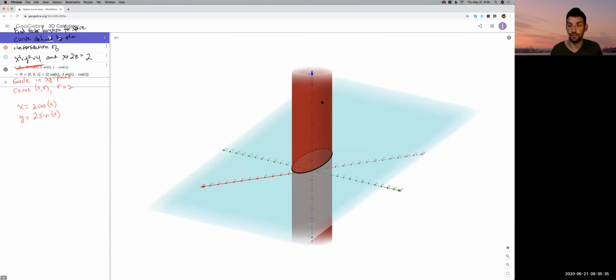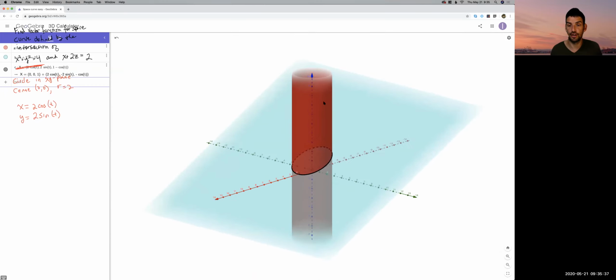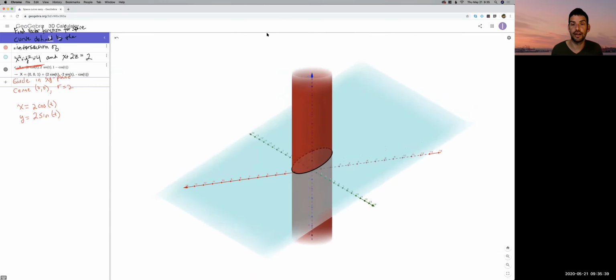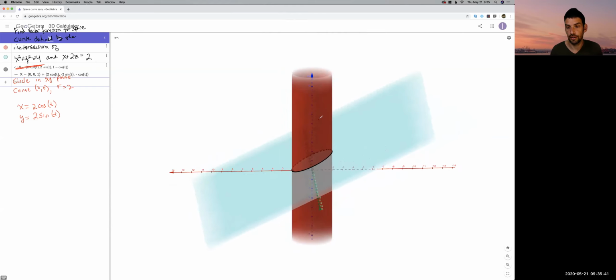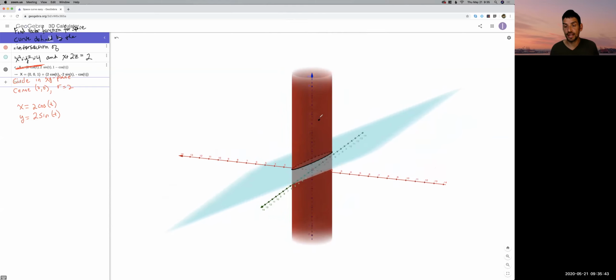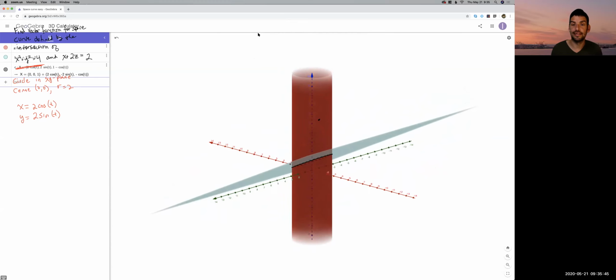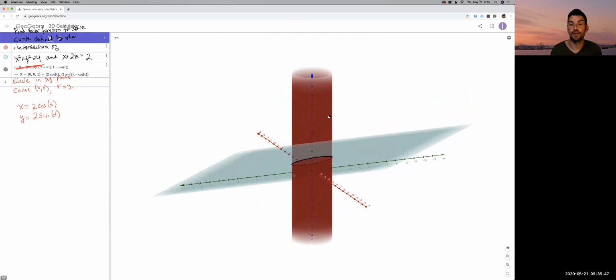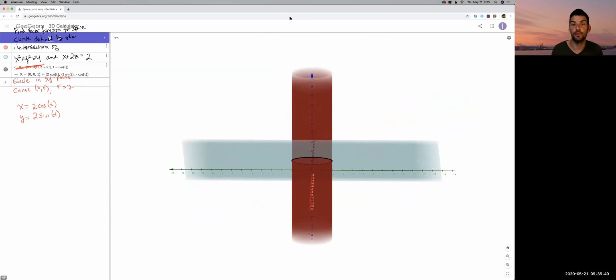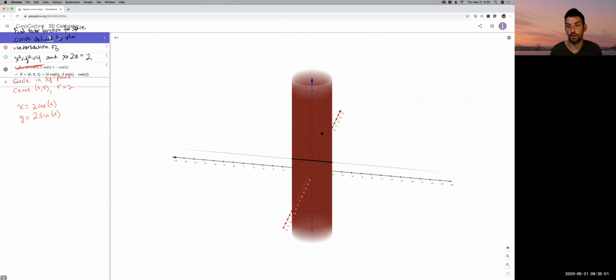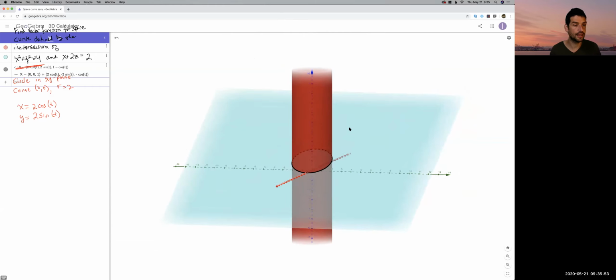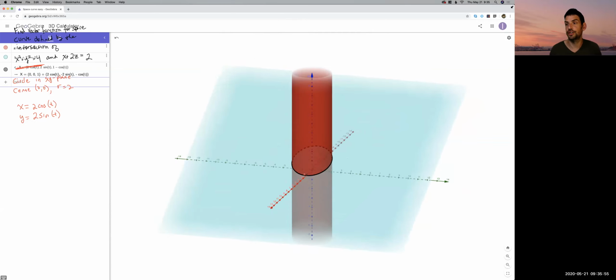So I don't want, for instance, where I'm marking right now, let's make it black, right? There's a point up here, right? That's on that surface, but it's not in the plane, and so it's not part of the curve we actually want. So we have to do some other work to make sure that that's the case. So let's try to do that.